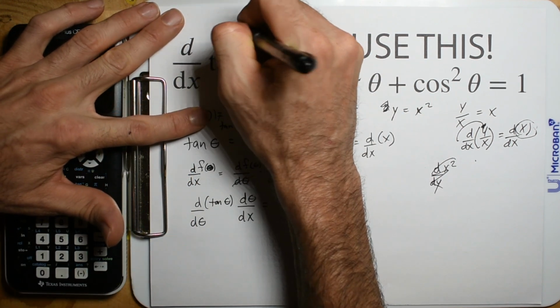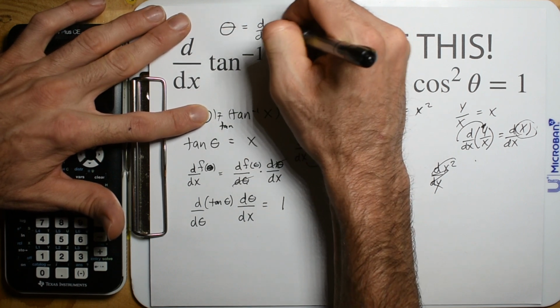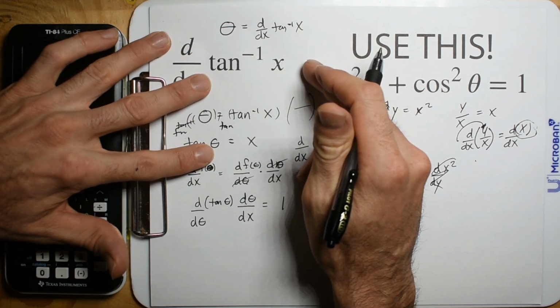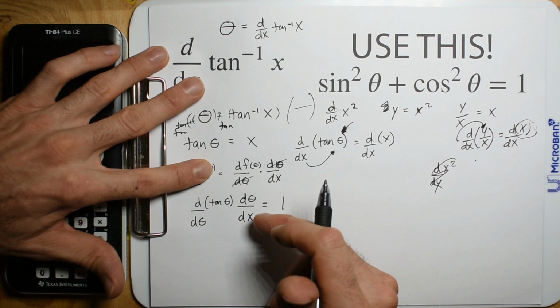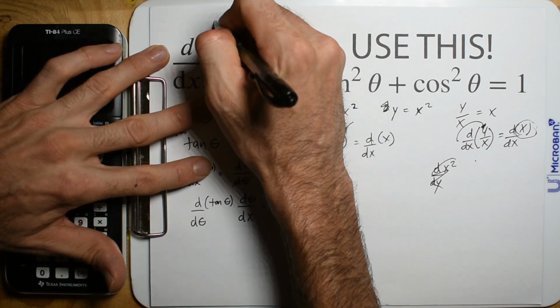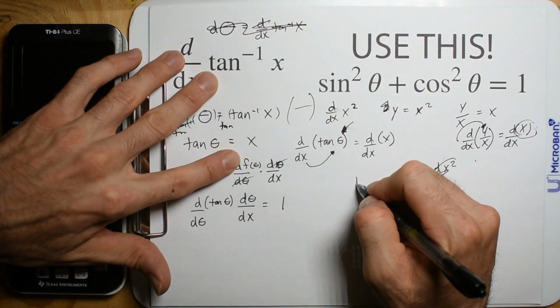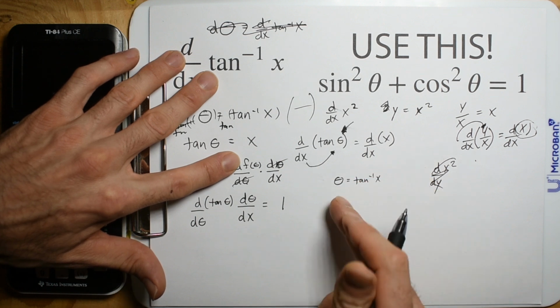The angle is equal to inverse tangent of x. And maybe we didn't want to do that. Oh, no, sorry. Tangent of x, or this is the angle.